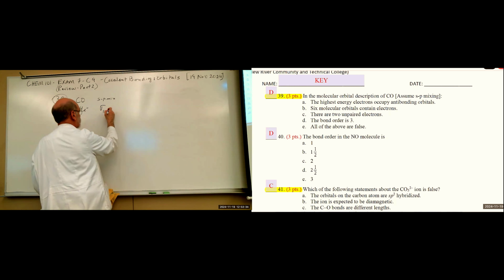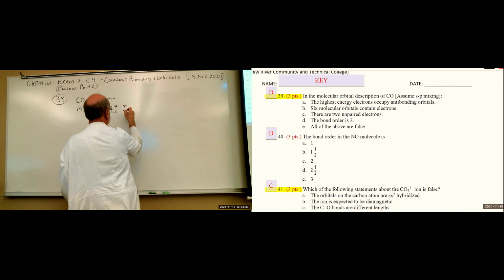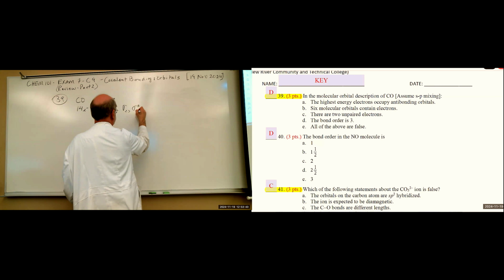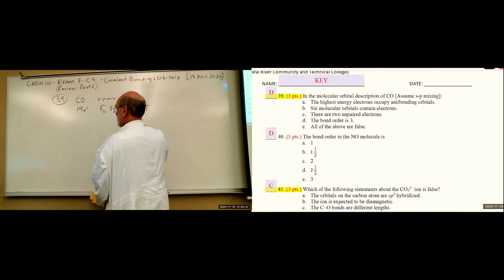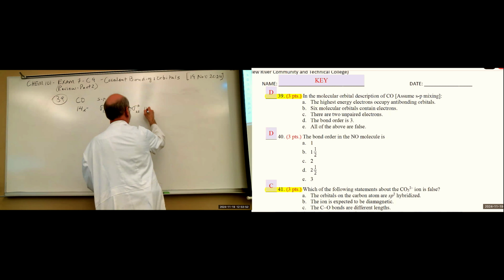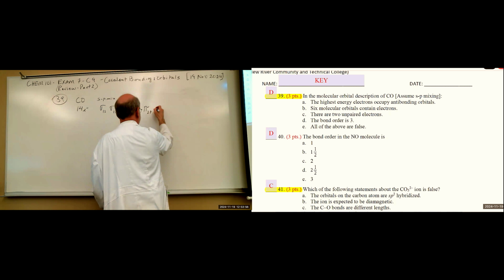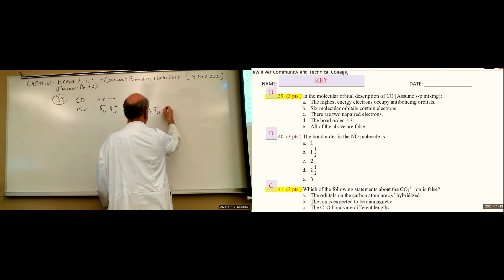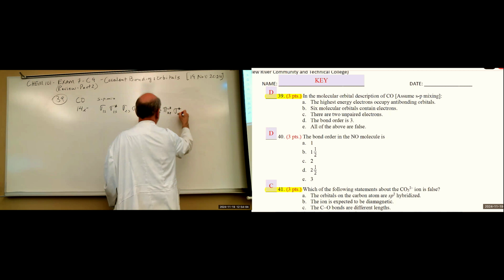Sigma formed from 1s, sigma star from 1s, then sigma from 2s, and sigma star from 2s, and then sigma sp mixing, and pi from 2p, sigma from 2p, pi star from 2p, and sigma star from 2p.